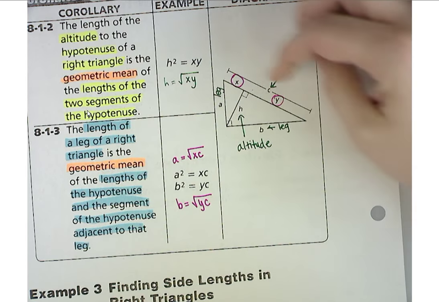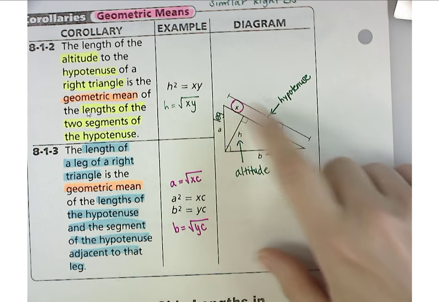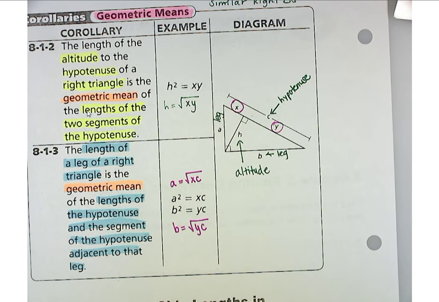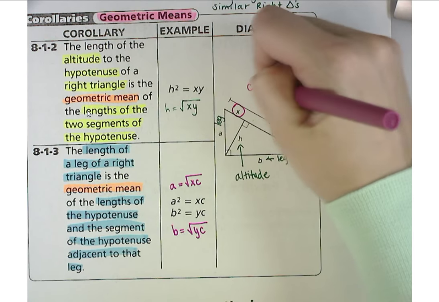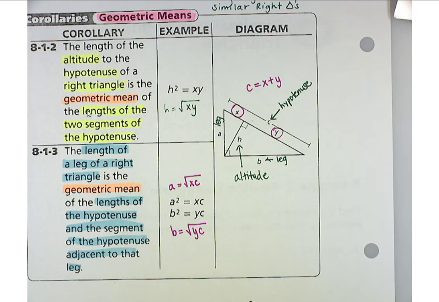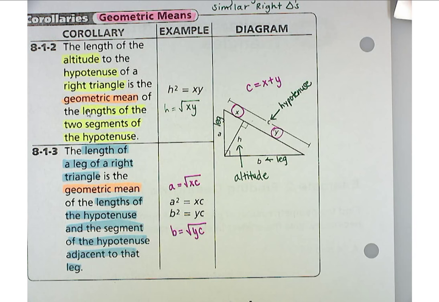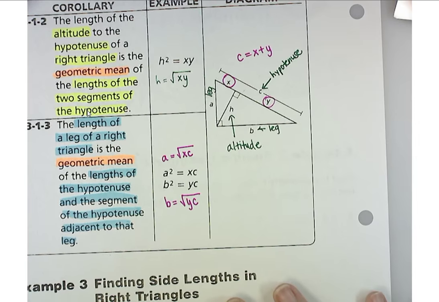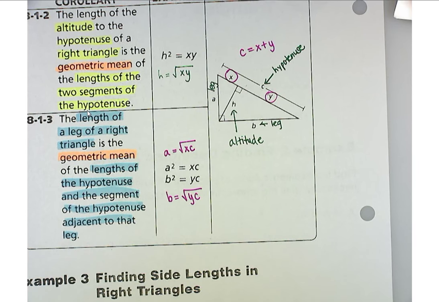Now, you might not always just get that side C. You might just get X and Y. So if you were trying to find C and all you had were X and Y, keep in mind that C is going to equal your X value plus your Y value. So you can always add those together. Now the triangle can be flipped upside down, or to the side.